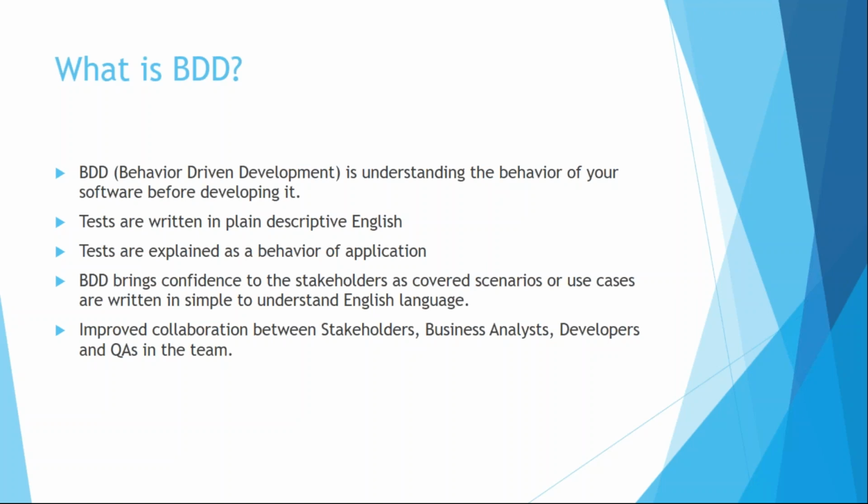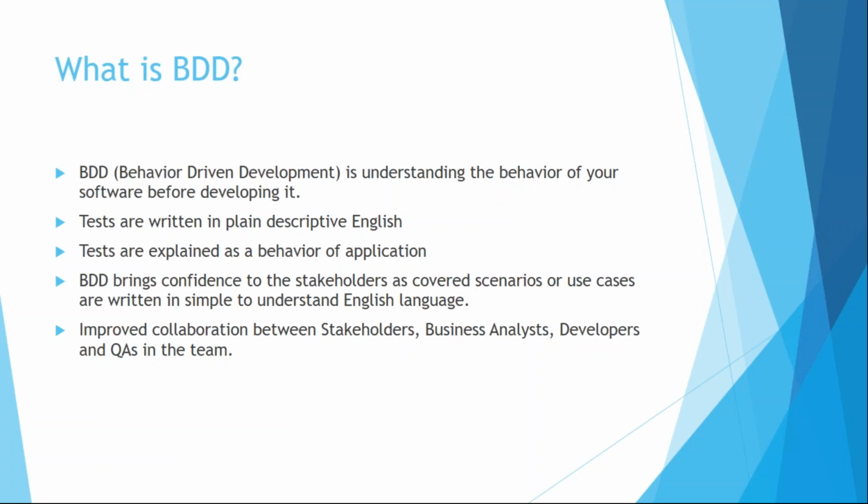In plain English I'll write: given I navigate to my application, then I enter username, I enter correct password, and then I click on the login button and I log in successfully. So here we are discussing the behavior in plain English. At the backend, there will be code which will run, with proper assertions which will validate whether the scenario you mentioned is actually executed properly or not.